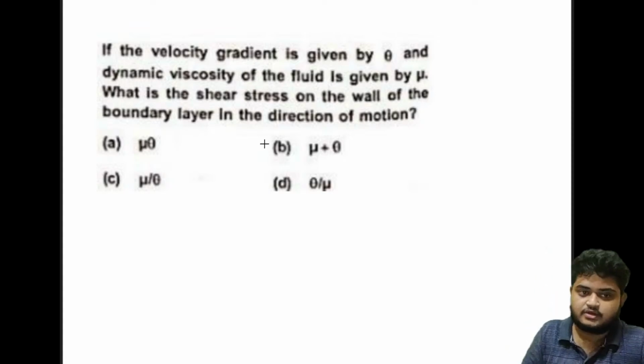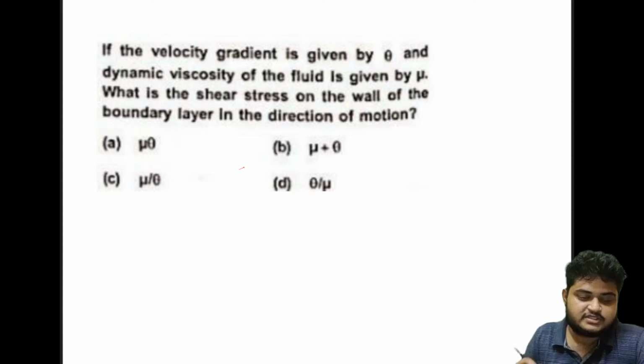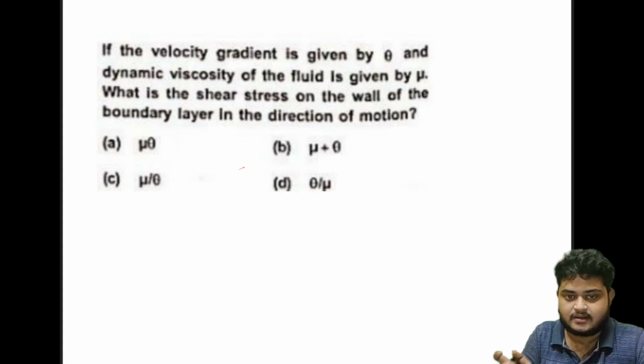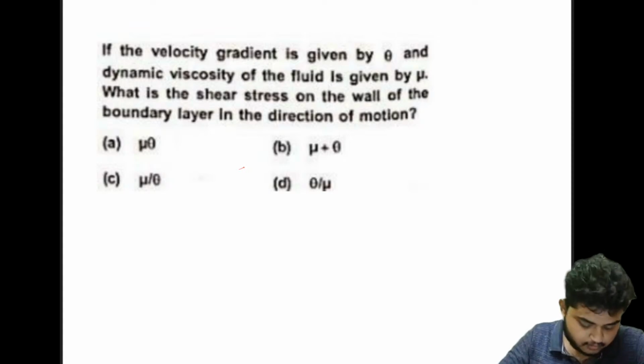Now let us come to this. The question is saying that if the velocity gradient is given by theta and the dynamic viscosity of fluid is given by mu, what is the shear stress on the wall of the boundary layer in the direction of motion?